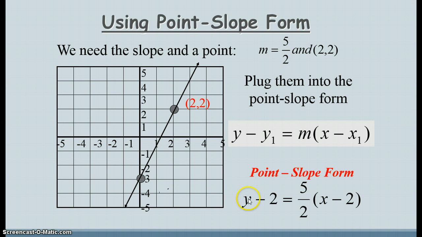Then I've got y minus 2 equals 5/2 times x minus 2. All right, we just replace the values that we have. We cannot replace x and we cannot replace y, because we don't have values for those, and we actually need them in order to know what y equals to.